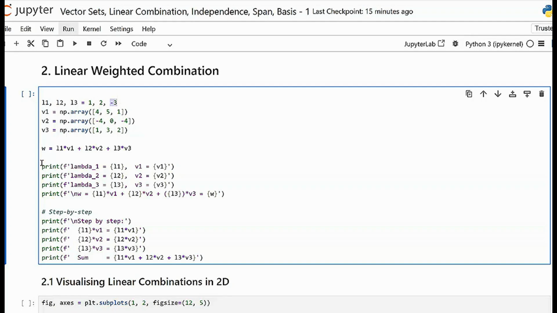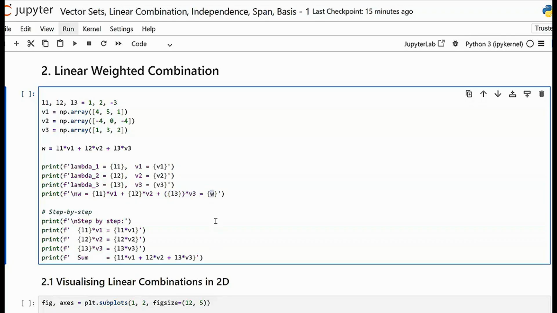Next, kindly observe this: it prints the first coefficient pair, the second pair, and the third pair. This line prints the full linear combination expression along with the computed result vector, where w is equal to lambda 1 v1 plus lambda 2 v2 plus lambda 3 v3.